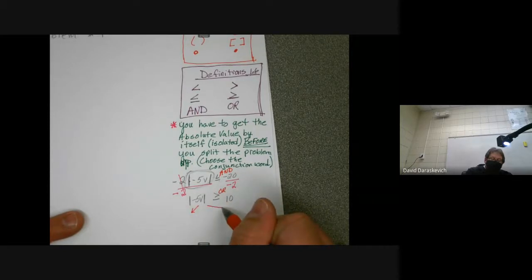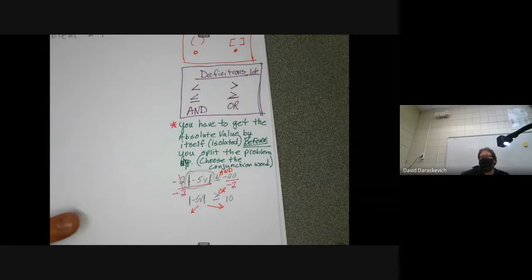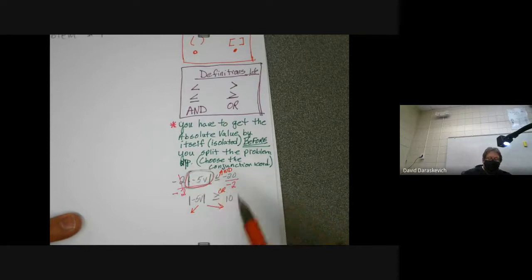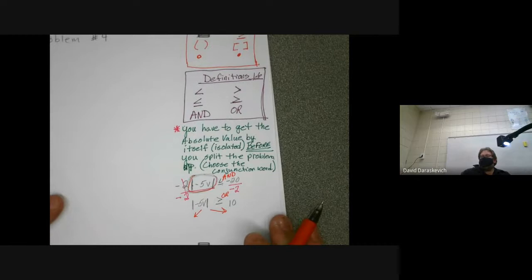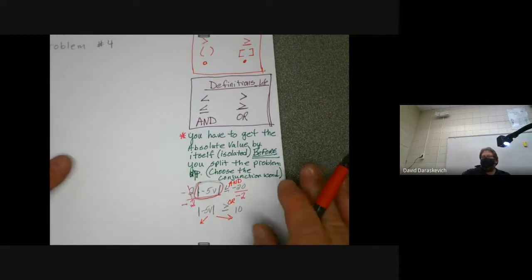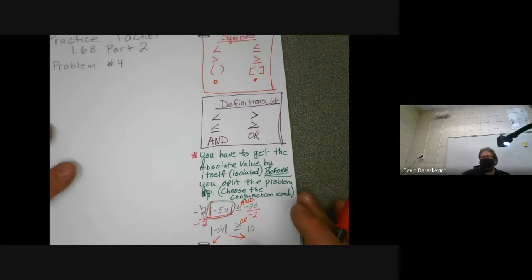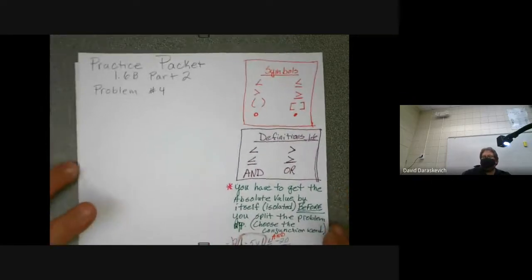Then separate it. It's really important to make sure that you get the absolute value symbols by themselves. All right, so that was just an example. It's not any particular problem. Let's go ahead and go back to problem number 4 here.